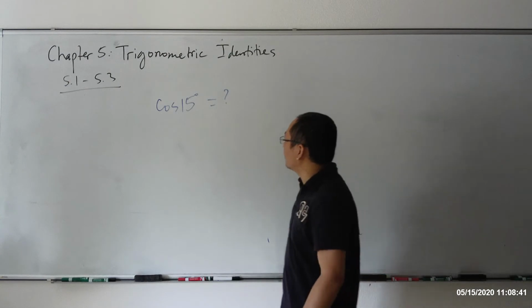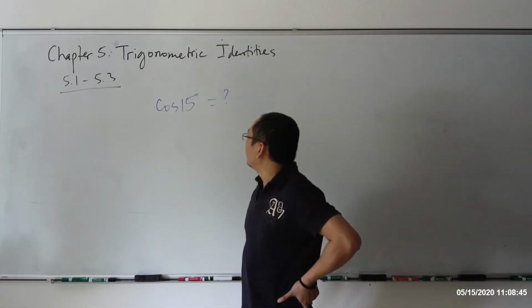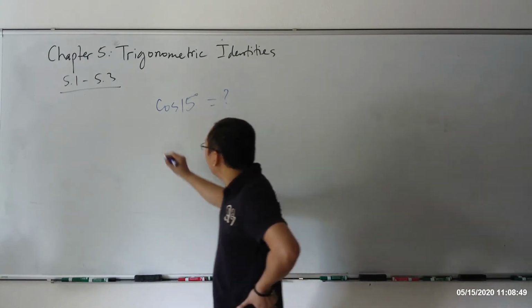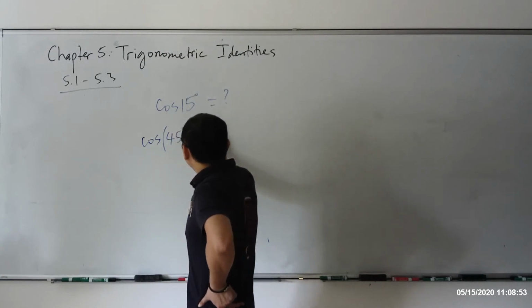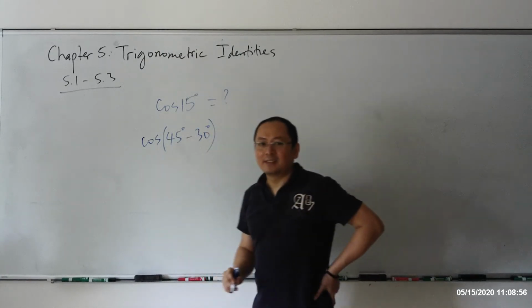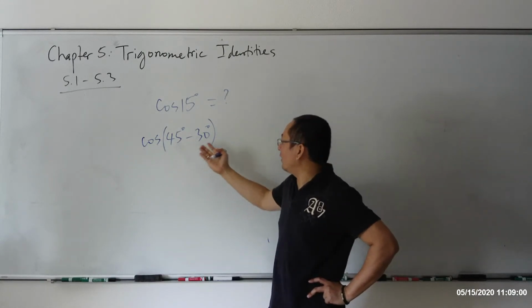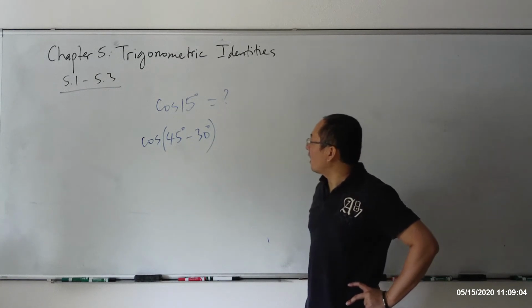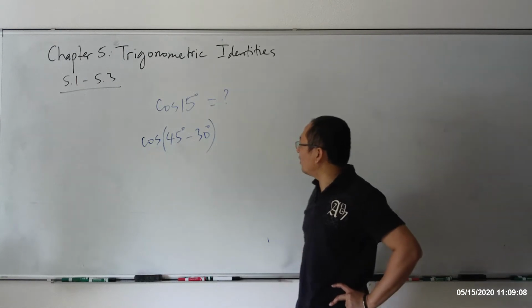All right, interesting question. I don't know, top of my head, the cosine angle of 15 degree, but I can modify 15 degree as cosine of how about 45 degree minus 30 degree? Because I know the values, the trig values for 45 degree and the trig values for 30 degree, so I can calculate 15, right? So cosine of 15 degree is the same thing as cosine of 45 minus 30.